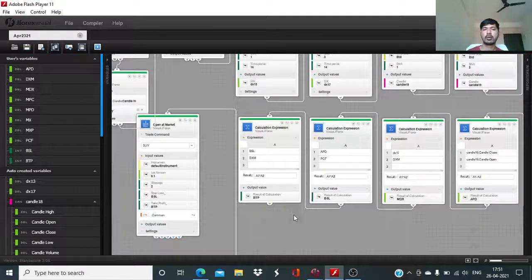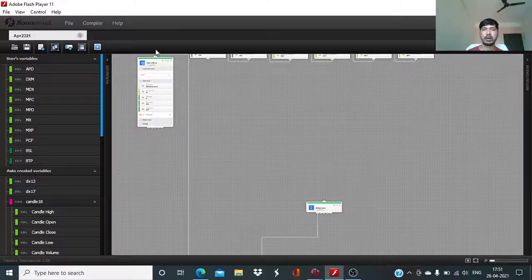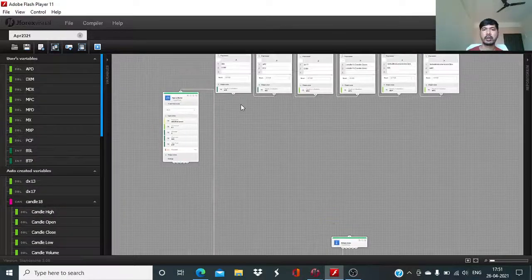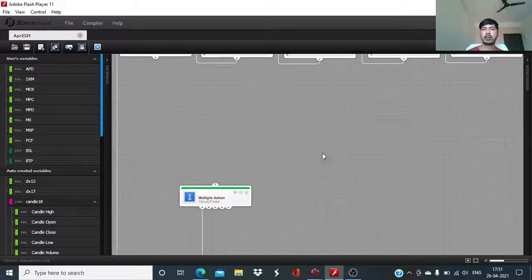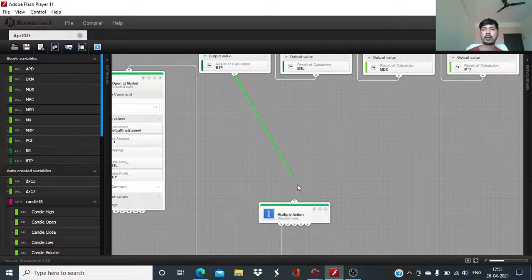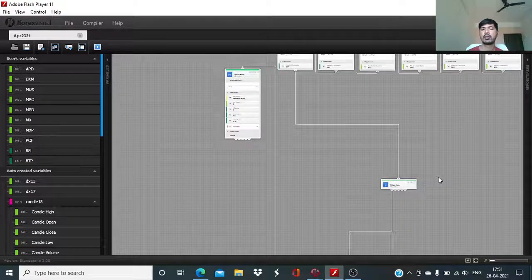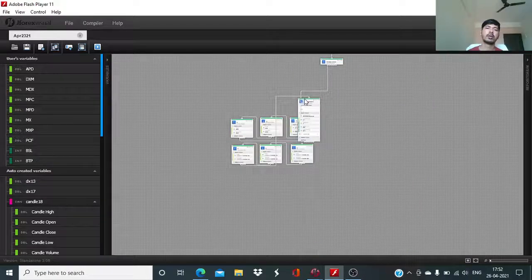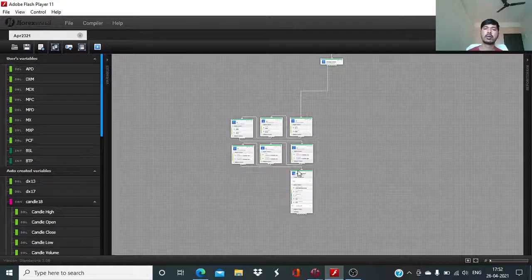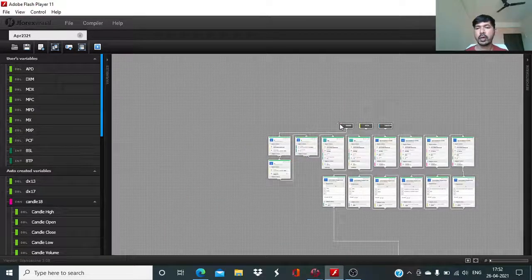So far so good. Let me now take this block where it belongs and join this here. And we will also color code this to make sure.